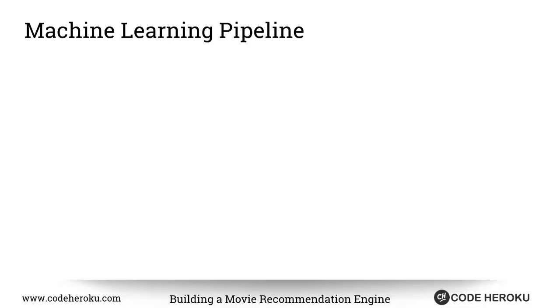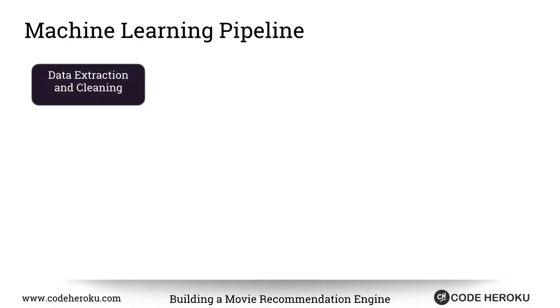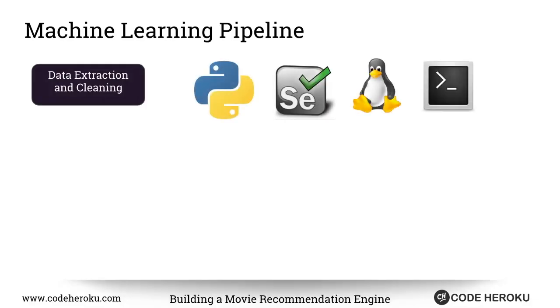In the first lecture, we saw the stages involved in a machine learning pipeline. The first stage in any machine learning pipeline is to extract and clean the data. What are the tools available to extract and clean data? Well, you could use scripting languages such as Python, Ruby, or even shell scripts.